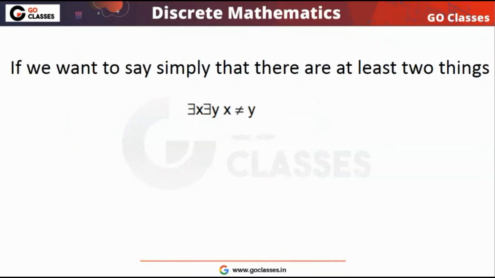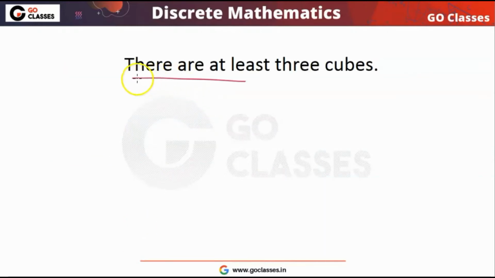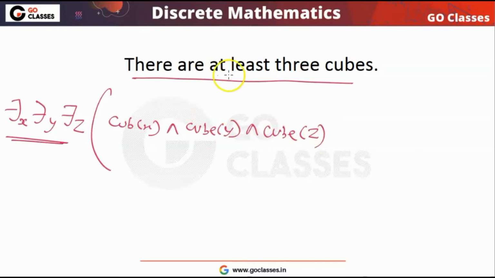Okay. Let's see the next, that is there are at least 3 cubes. Now this is also very simple. We can say there exists x, there exists y, there exists z such that x is a cube, and y is a cube and z is a cube, because there are at least 3 cubes.